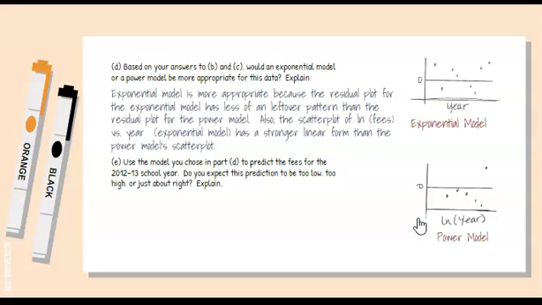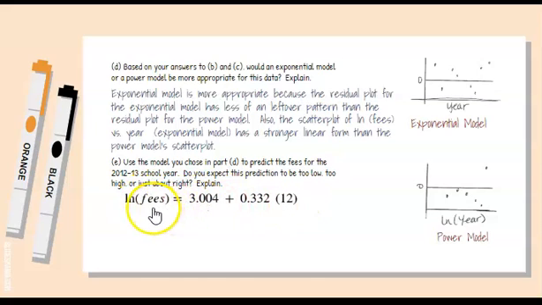It's just slightly stronger. Part E says, use the model that we chose in Part D to predict the fees for the 2012-2013 school year. Do you expect this prediction to be too low, too high, or just about right? All right, so we're going to put in 12 for the year. Remember, we're using our exponential equation. We just took the logarithm of the response variable.